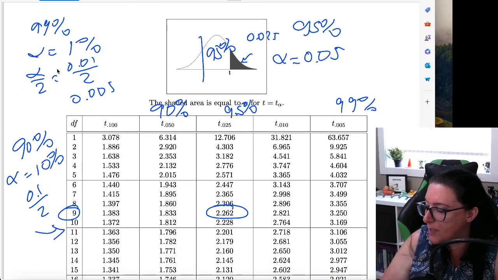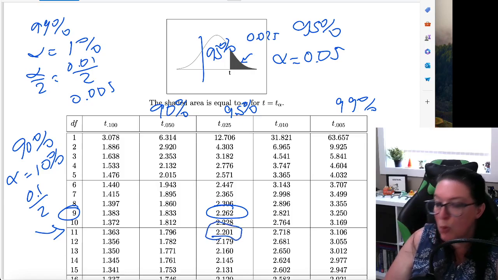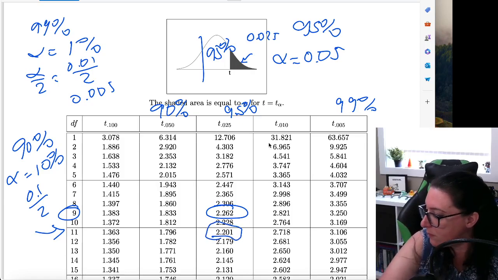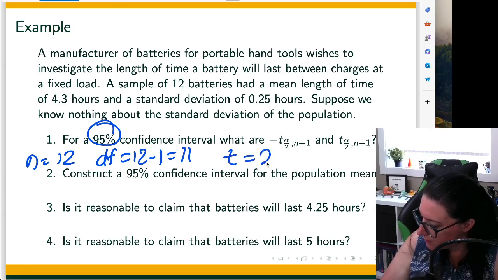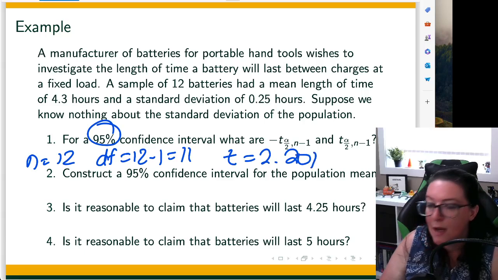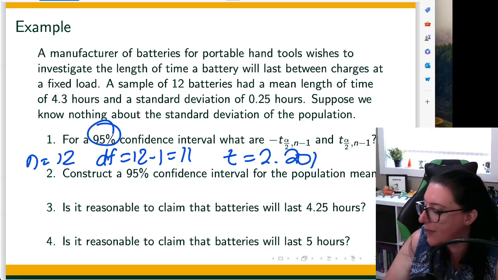Remember, 95%, that means that there's 5% error. Half of that goes to the right, half of that goes to the left. So we're going to use 2.201. So our t is 2.201. We have a positive one and a negative one. So let's construct our confidence interval.